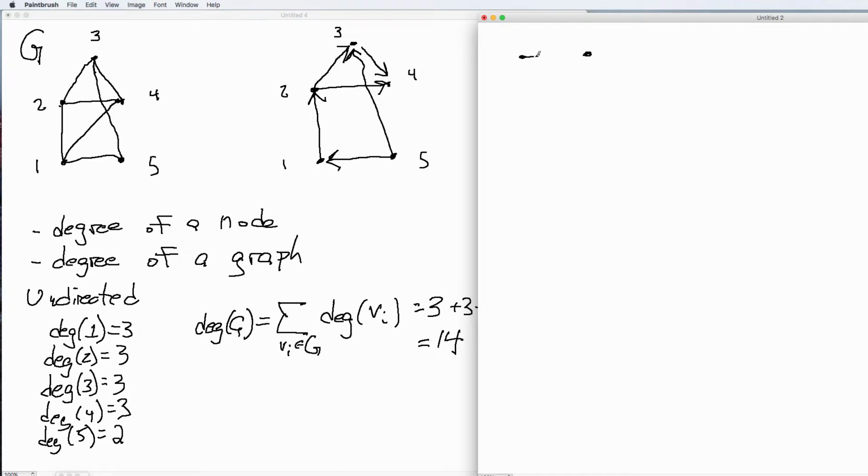Every time I put in an edge, you can see that what I'm doing is I am adding, each edge adds 2 to the degree of the graph.